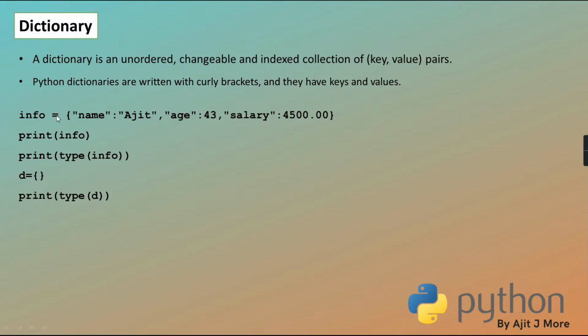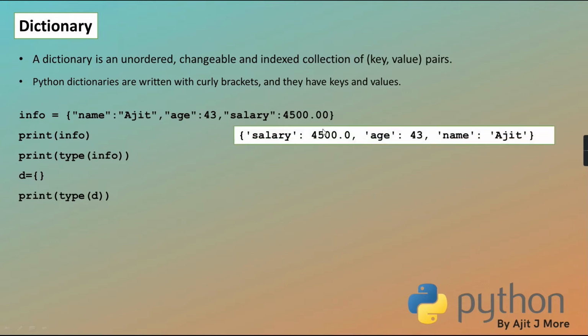See, info equal to, this is one dictionary: name, age, salary are the keys and these are the values. When we print it, in Python 3 you get it in the same order in which you store it: name, age and salary. Print info. Now when I check type of info, it will give class dict.